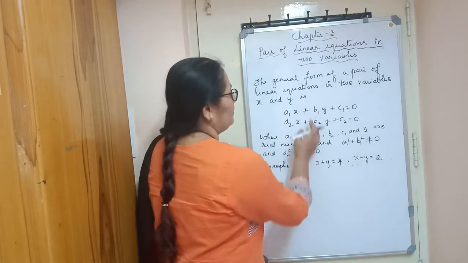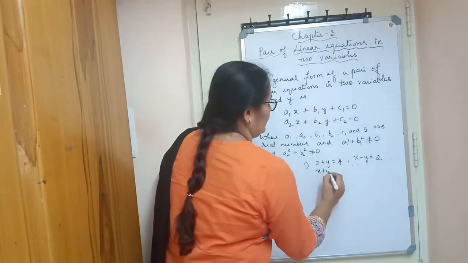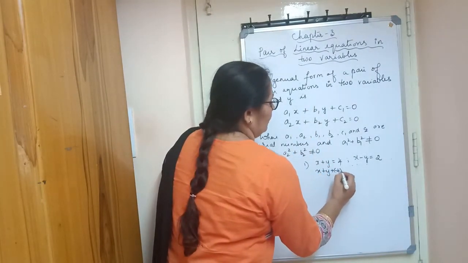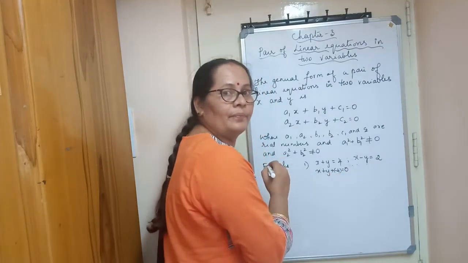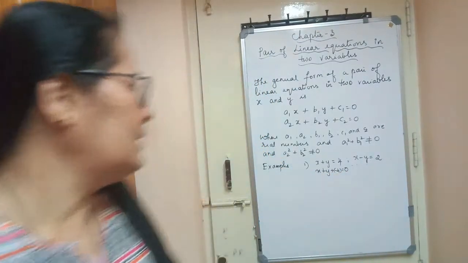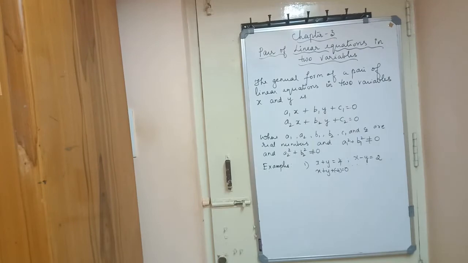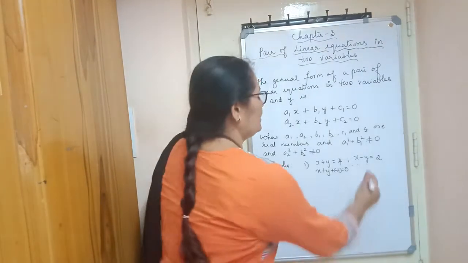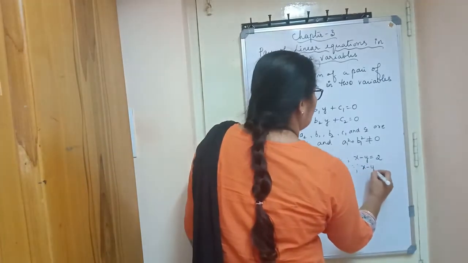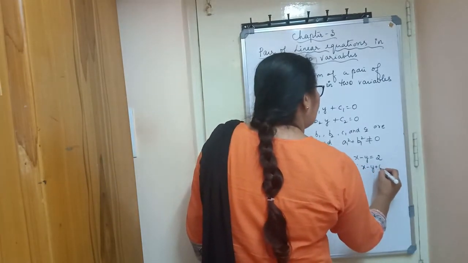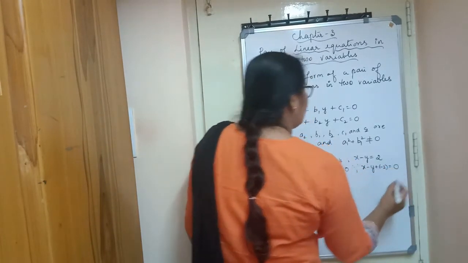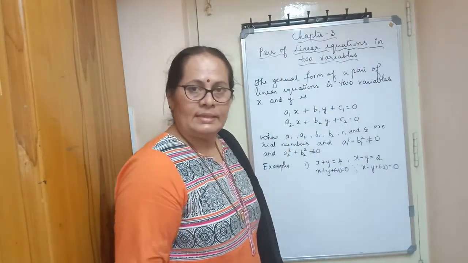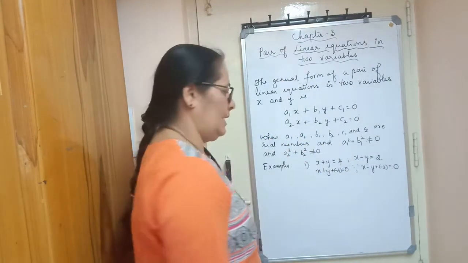It can be written as x plus y minus 4 equals 0, and x minus y minus 2 equals 0. So, this is an example for a pair of linear equations.